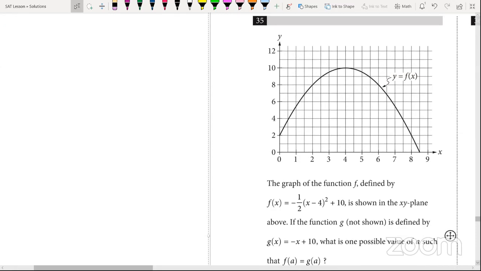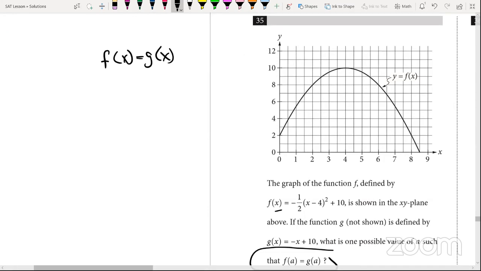Right here it's saying f of a equals g of a for number 35. So if we had said f of x equals g of x, if the question had said that, then more people would be likely to just take the f of x function and set it equal to the g of x function. So the writers of this test know that by saying f of a instead of f of x, it makes it a little less obvious that you're supposed to set them equal.